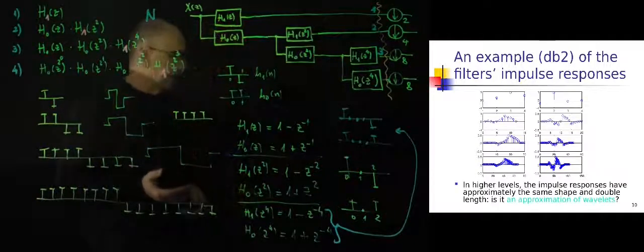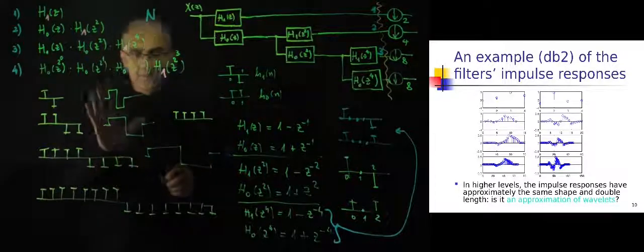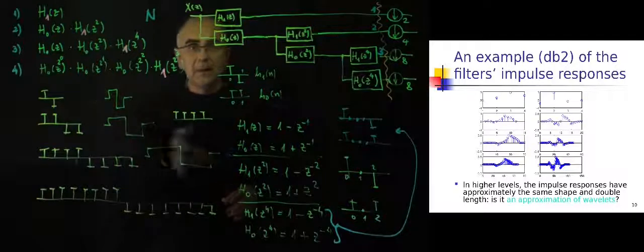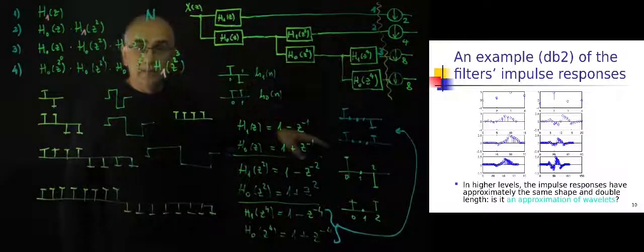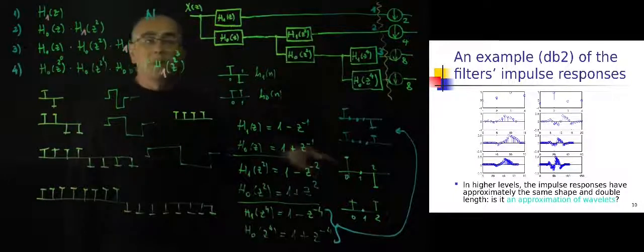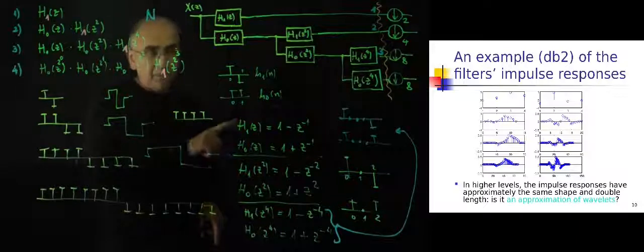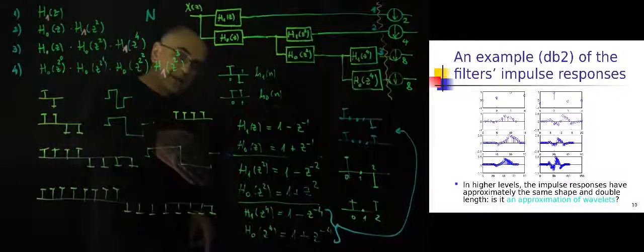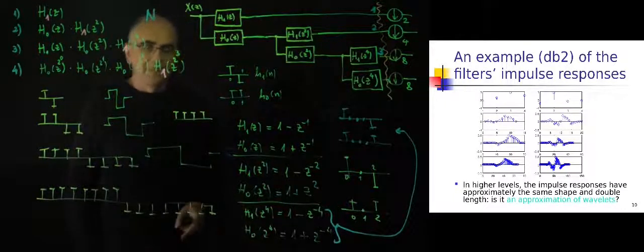That's something that we can always imagine, that there exists some kind of a continuous function whose samples are down there. In our more complex example, it's not exactly the same function. It becomes the same as the level of decomposition tends to infinity.